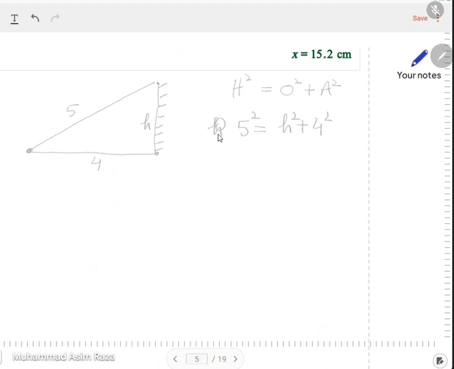If h is opposite, then 4 is the adjacent. So it will become 25 is equal to h square plus 16, and 25 minus 16 is equal to h square, which will be equal to 9. If you take the square root on both sides, you will get h is equal to 3 meters. Is that fine? So this is now 3 meters.